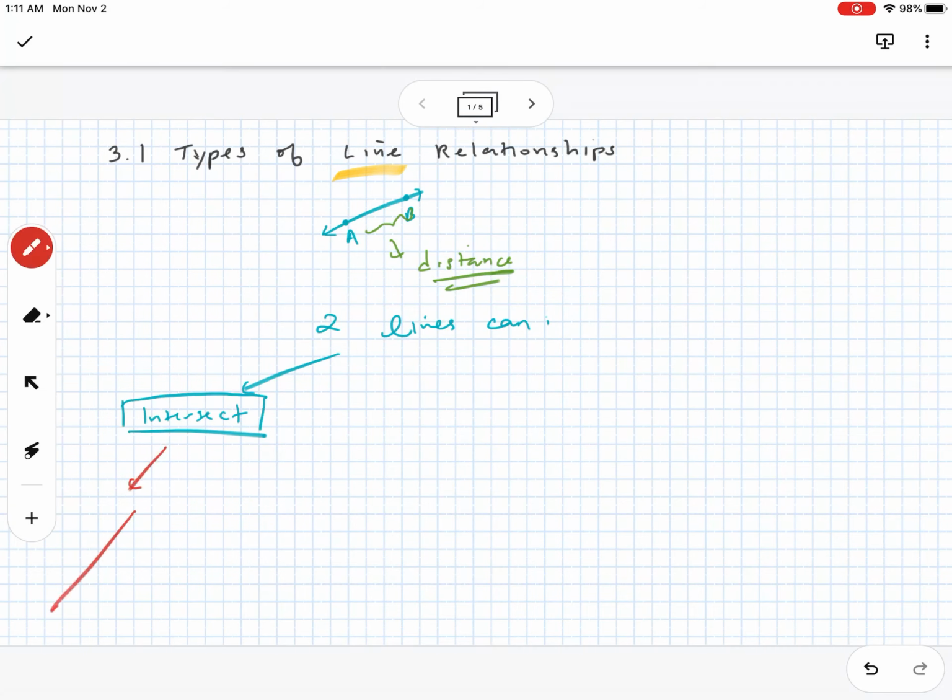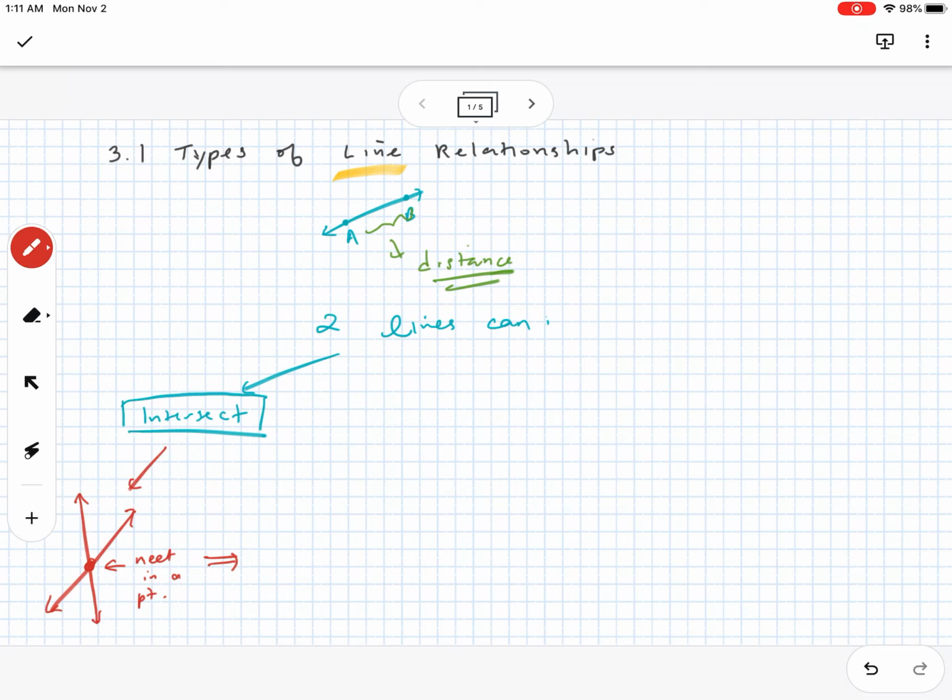And when they intersect, it can look something like this, right? And so basically what intersect means is that they meet in some sort of point, right? That's one way that we can think about intersection.